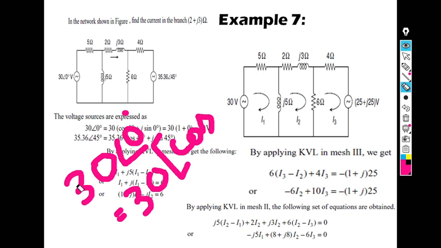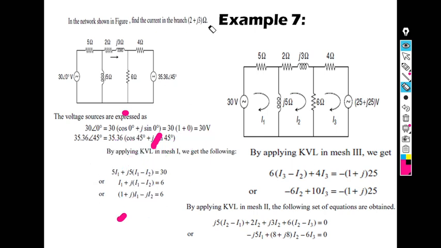Okay, so we can find it out in this way. 30 angle 0 we have written as 30 volt, and 35.36 angle 45 degree. That's why I have written it in this way. This is a polar form, this is a rectangular form, right?